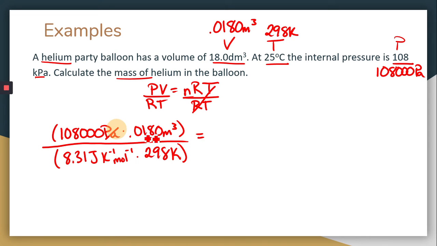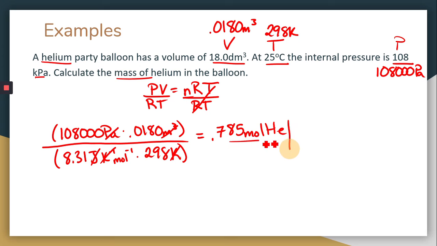And then our pascal meter cubed will cancel our joule. Kelvin and Kelvin cancel, and we're left with mole. Looking back at the numbers they give us, we're going to use 3 significant figures, so 0.785 moles of helium. Now the question says calculate the mass, so we're not quite done.